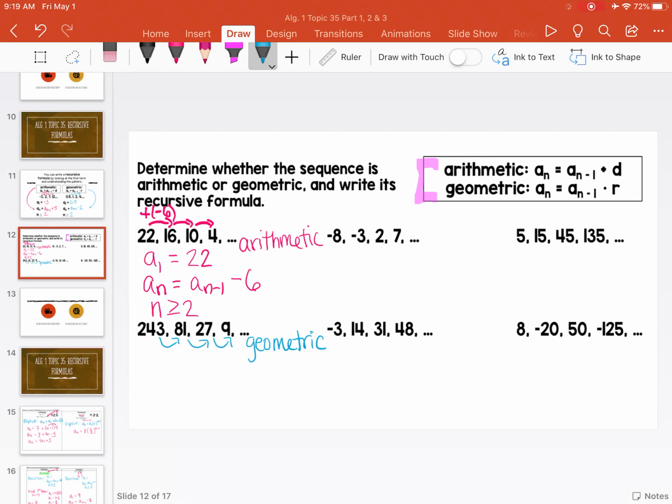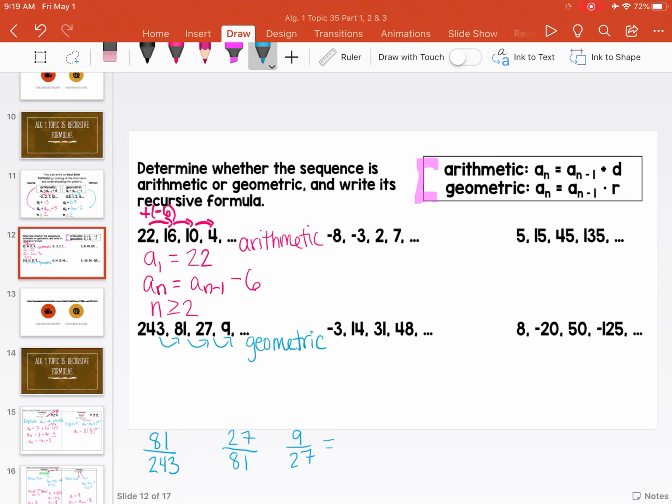So we reviewed this in topic 34 in order to determine this common ratio. I can take one term and divide it by the previous term. So I can have 81 divided by 243, or 27 divided by 81, or 9 divided by 27. These are all equivalent to our common ratio if I simplify them.